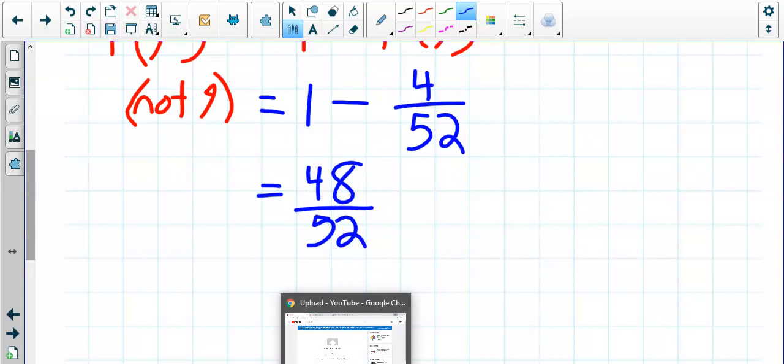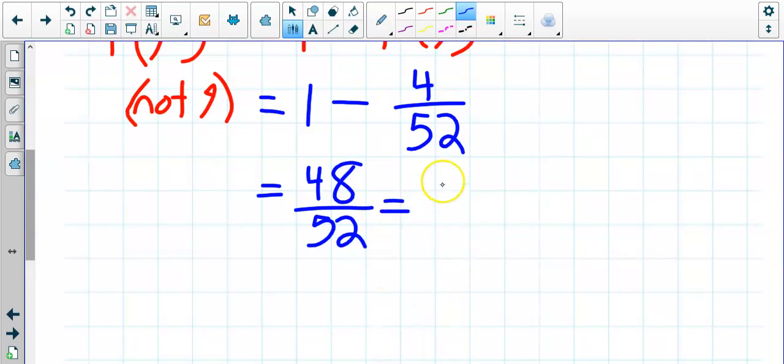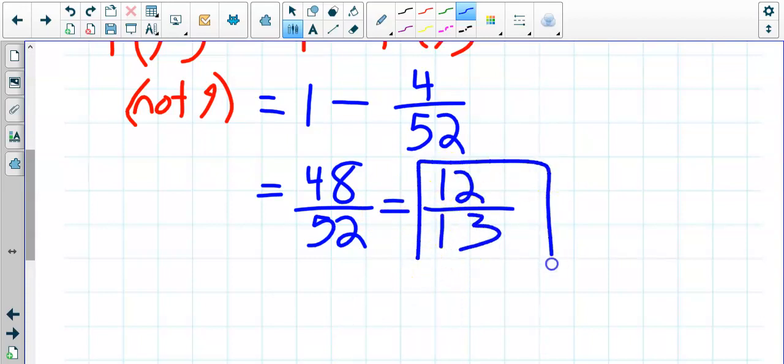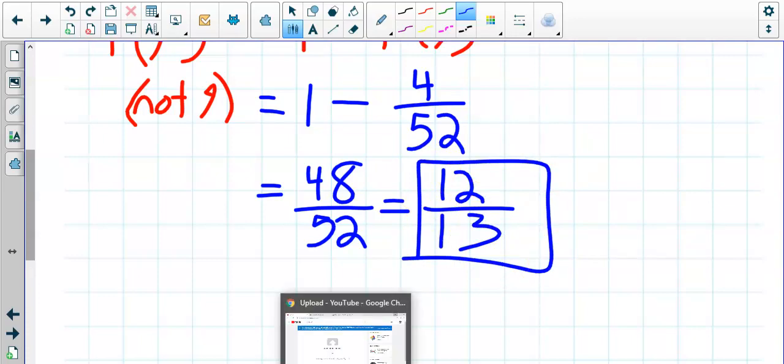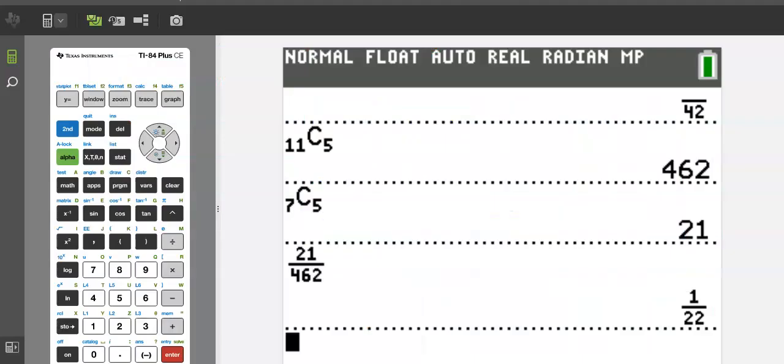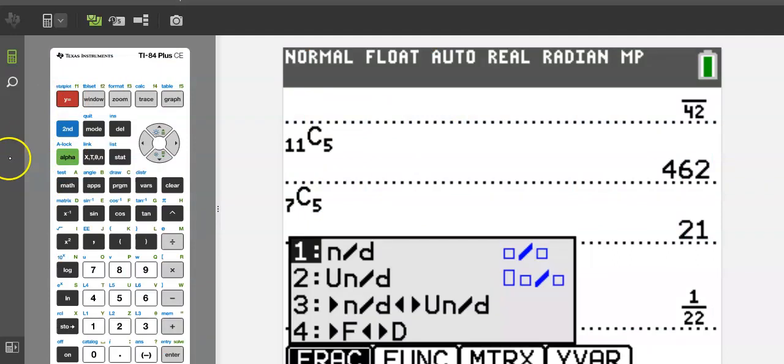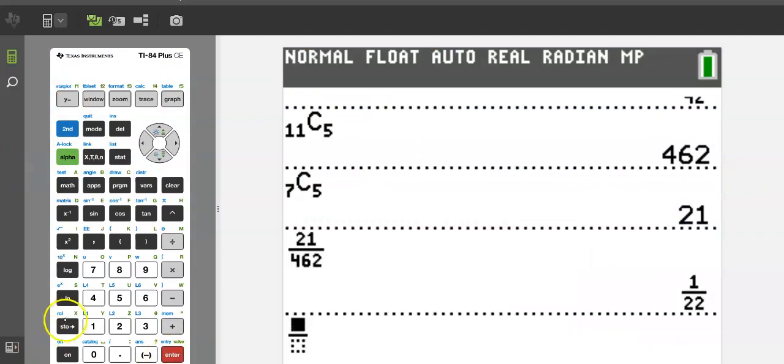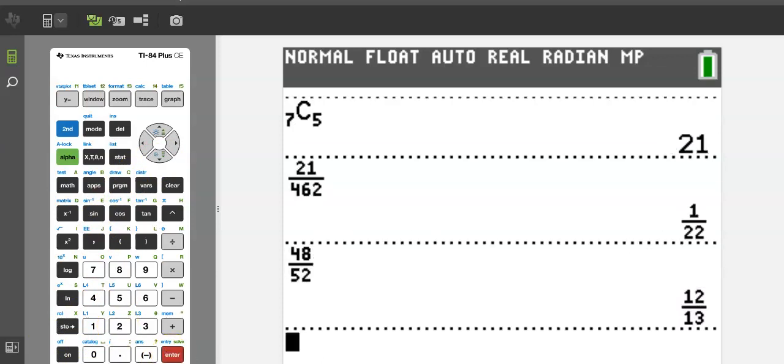And when you reduce that in your calculator, you should get 12 out of 13. Let's just double check. Alpha y equals 48, 52, 12 out of 13.